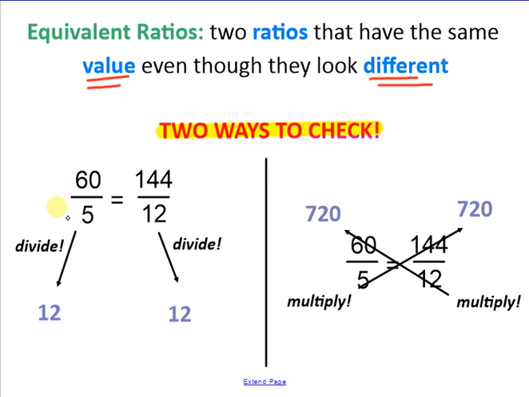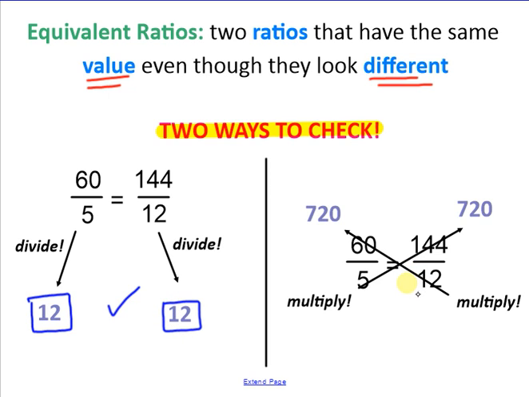For example, 60 divided by 5 gives you 12. Then you go to the other side of the equal sign and do the same thing: 144 divided by 12 is 12. If you get the same exact answer when you divide both of those, then you have a set of equivalent ratios. If you get a different answer, then they are not equivalent.